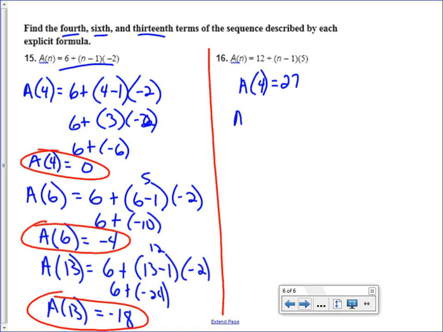For the sixth term, you should have had 37. Let me check that one. Let me think through this here. Yes, okay. And then the 13th term, you should have a 72.